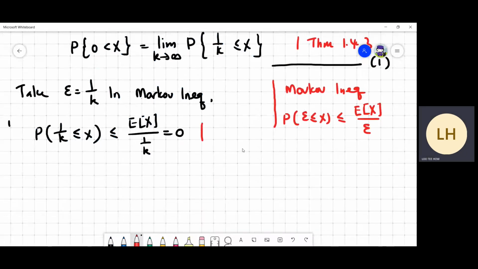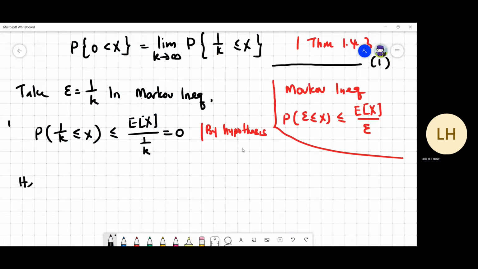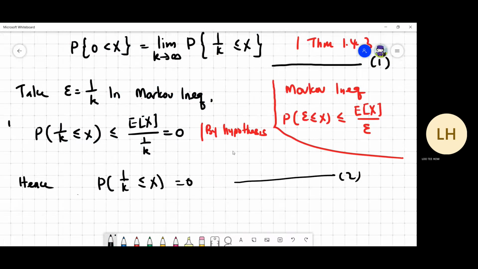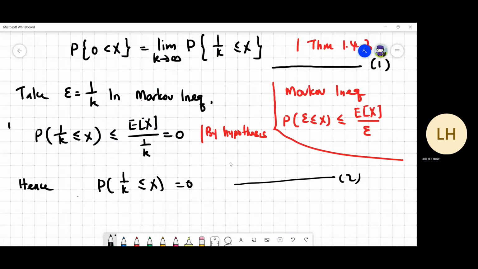This is just by the hypothesis, so this is always true. If this is 0, then P of x greater or equal to 1 over k will be always equal to 0 for all k. Number 2.